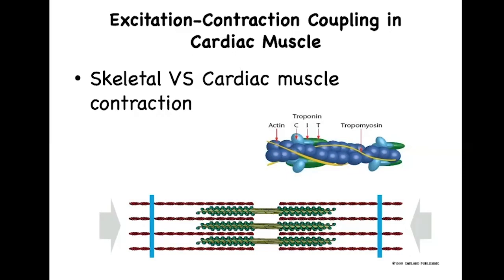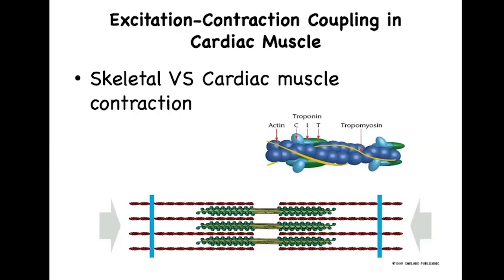The blue lines represent the Z disc, and these are the boundaries of a sarcomere. The red lines here represent the thin filaments, and I'll come back to those in just a minute. And then in the center, the gold and green lines represent the thick filament, which consists of myosin proteins, and these are double-headed. So let's look at the thin filament. Up at the top, I have an illustration of the thin filament.